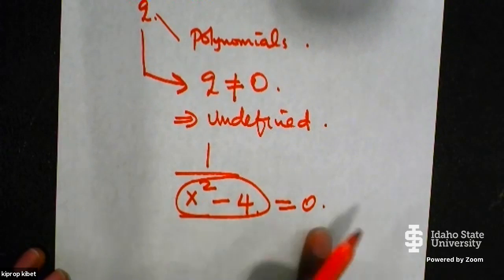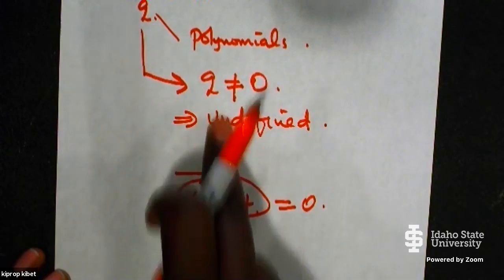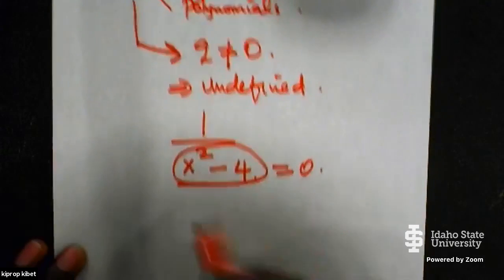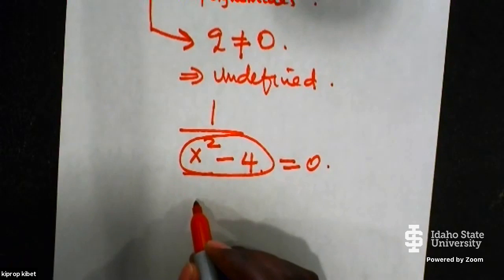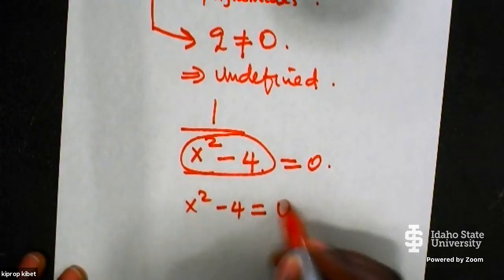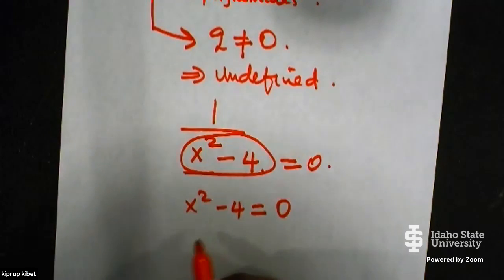What are the values for which this expression will be undefined? So you equate this to 0, which will be x squared minus 4 equals 0.